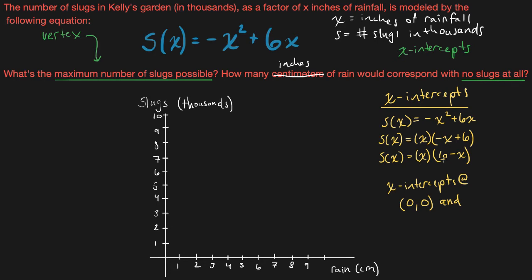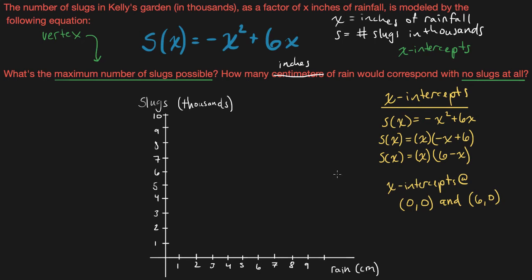And so this set of parentheses will be equal to 0. 0 times anything is equal to 0, and so my output will be 0. So I have another x-intercept at 6, comma 0. So again, I have two x-intercepts, one where x is equal to 0, one where x is equal to 6, and at both of those points, my y-coordinate will be equal to 0 because it'll be right on the x-axis.